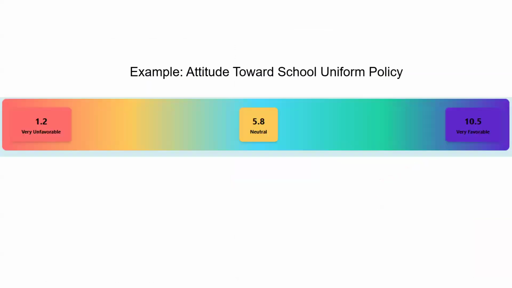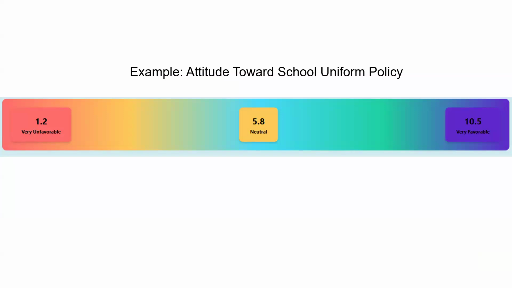So, the uniform policy. As we already said, there are 11 points, the scale deviates from 1 to 11. If we get a point like 1.2, that means very unfavorable.